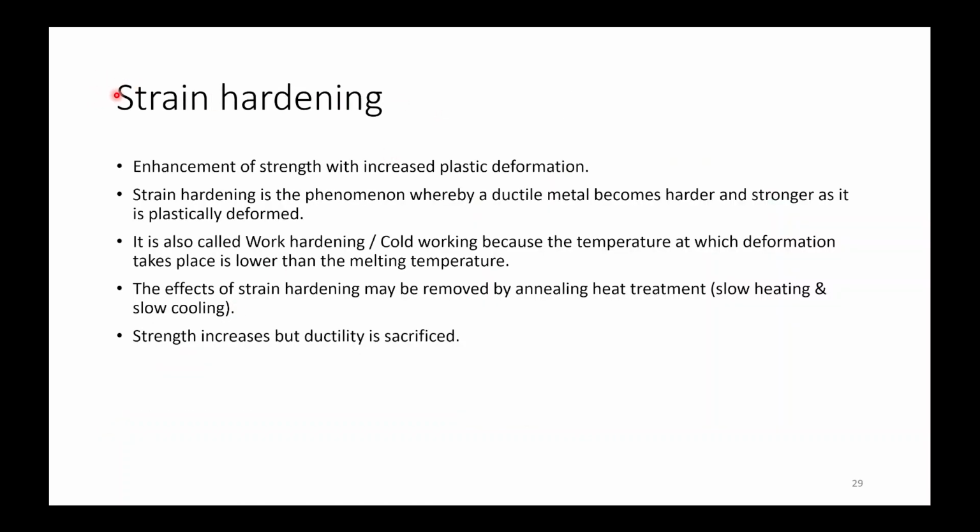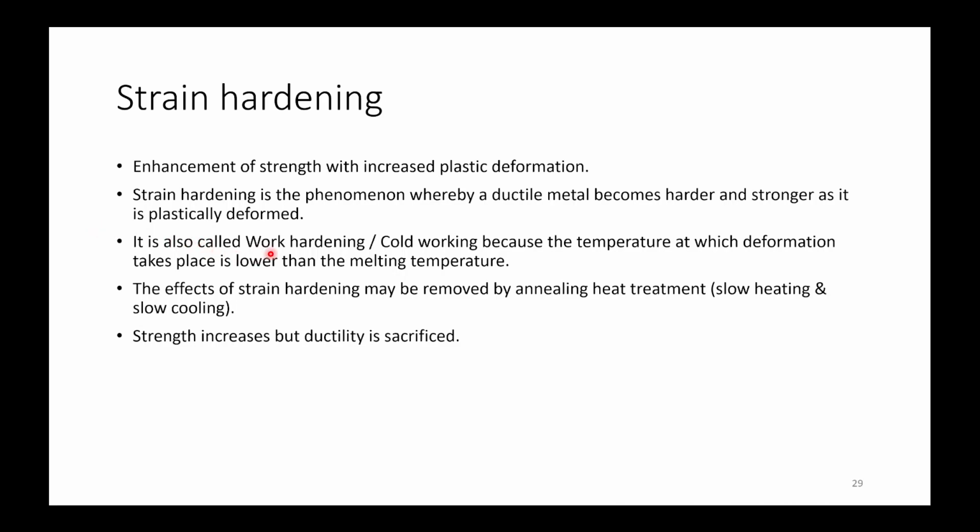Third method is strain hardening. In this case, you apply some plastic deformation, then your material strength improves. Strain hardening is the phenomenon whereby a ductile metal becomes harder and stronger as it is plastically deformed.